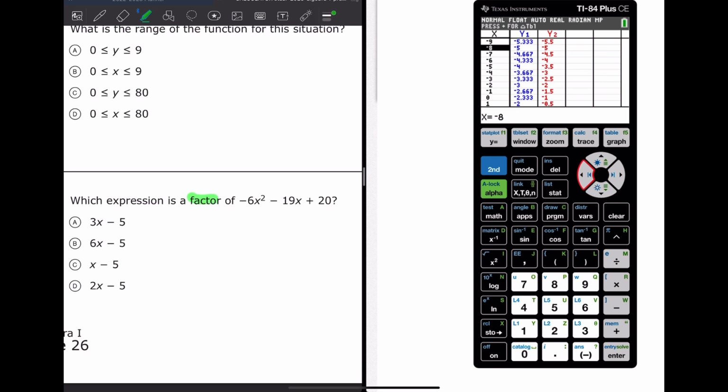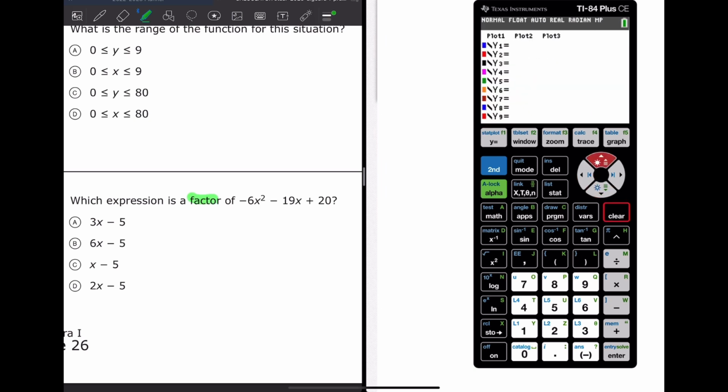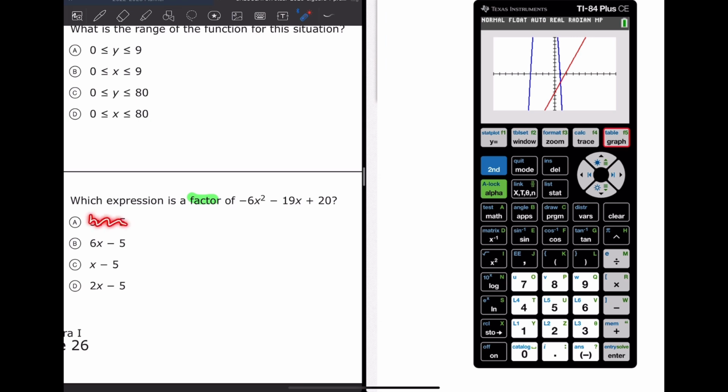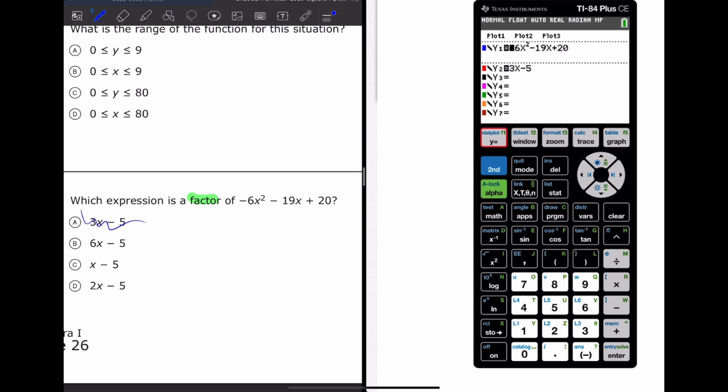Y equals, looking for factors. Y1, type what's given. Under Y2, we're gonna test each answer choice and graph it and see which one intersects one of the zeros. Nope. Try the next one.